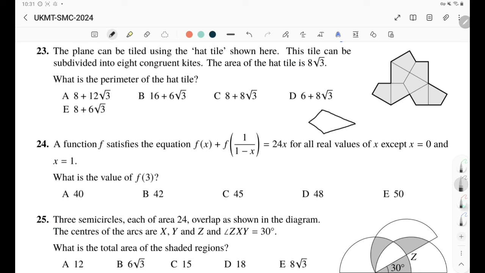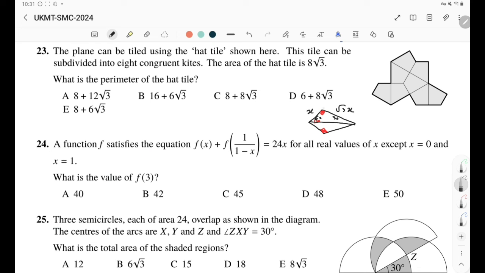We know that this is 90. We know that this is 90. We know that this is 120. So if you cut this in half, it's going to be 60. This is going to be 30. So that means that if this is x, then this is root 3x.